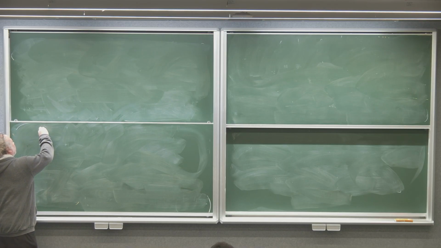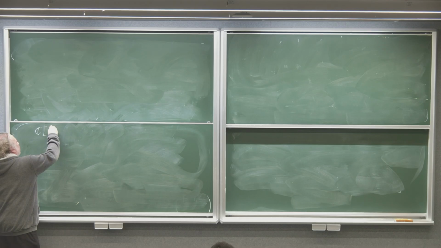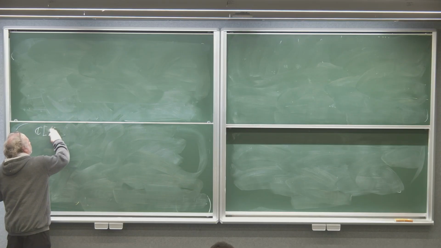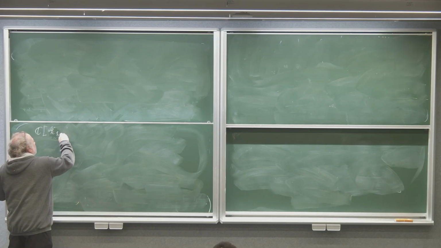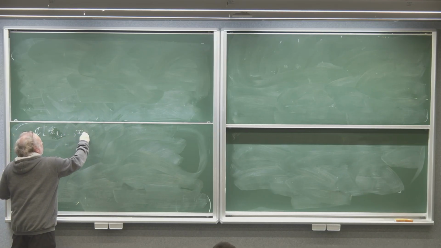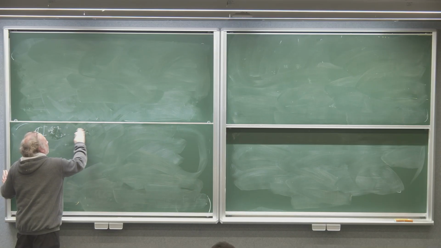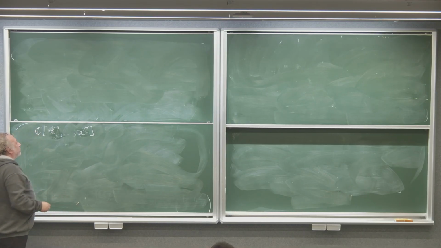So suppose we have an algebra of polynomials of n variables.